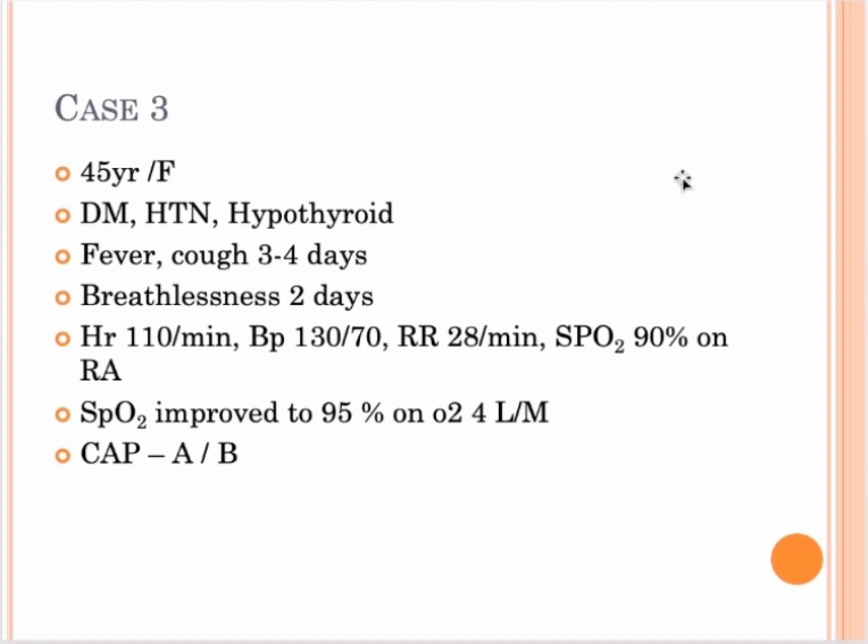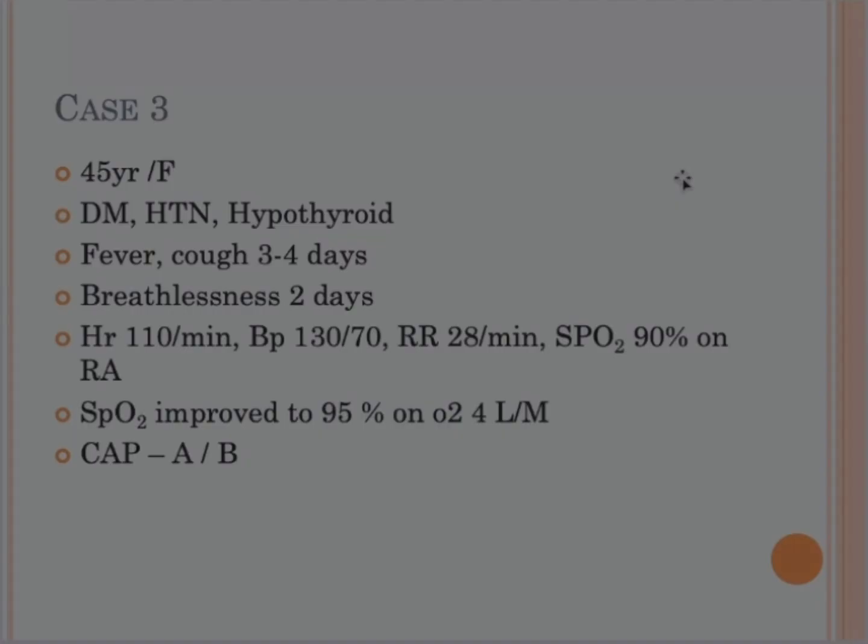This is a recent admission of a 45-year-old female who is diabetic, hypertensive and having hypothyroidism, having fever and cough of 3-4 days and breathlessness since the last 2 days. She came to the hospital with tachycardia, blood pressure 130/70, respiratory rate 28 per minute.